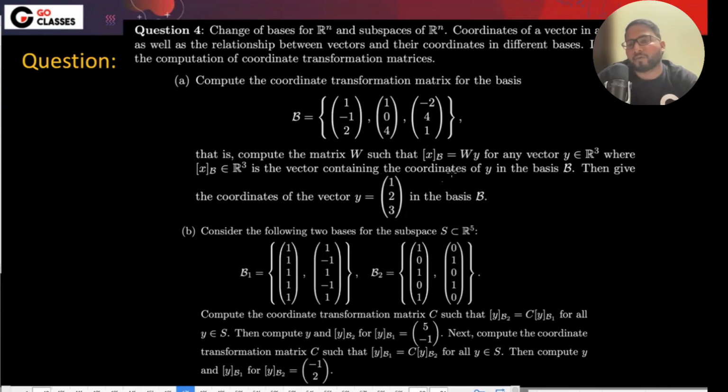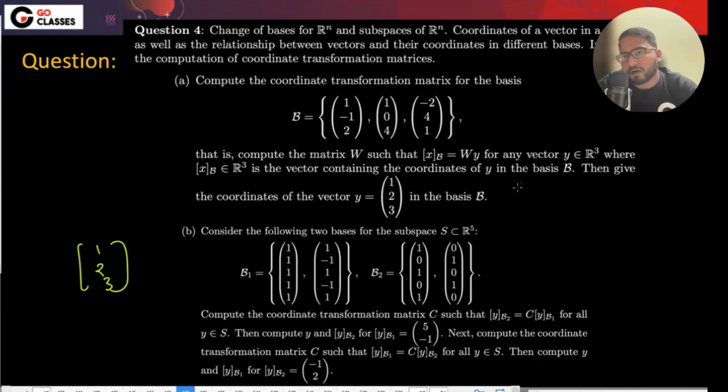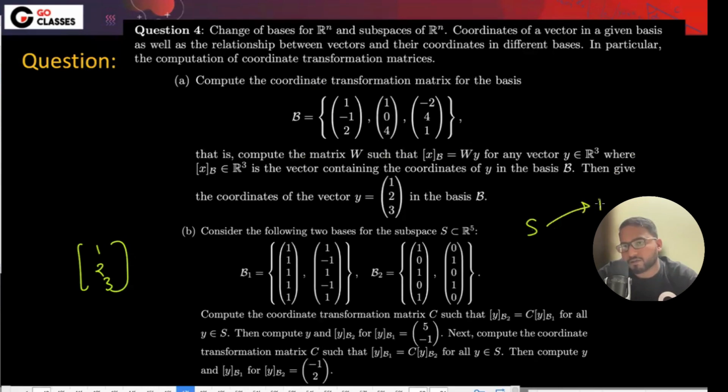So from any standard basis, let's suppose 1, 2, 3, if you want to convert to this basis, then you will be multiplying by B or B inverse. From the standard basis to B, it is B inverse, right? So I think B inverse is the answer. W equals B inverse.